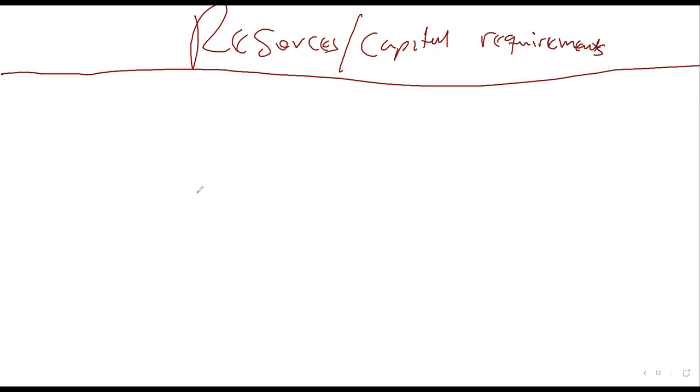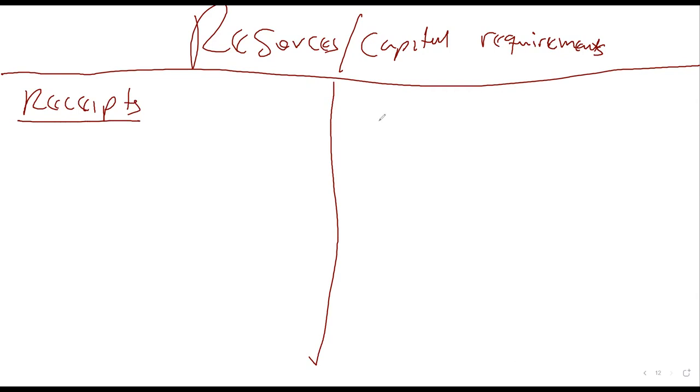Now here it's about receipt and payment. So write it down, the receipt and payment. Let me divide it into 2. Let me put receipt here and payment here.